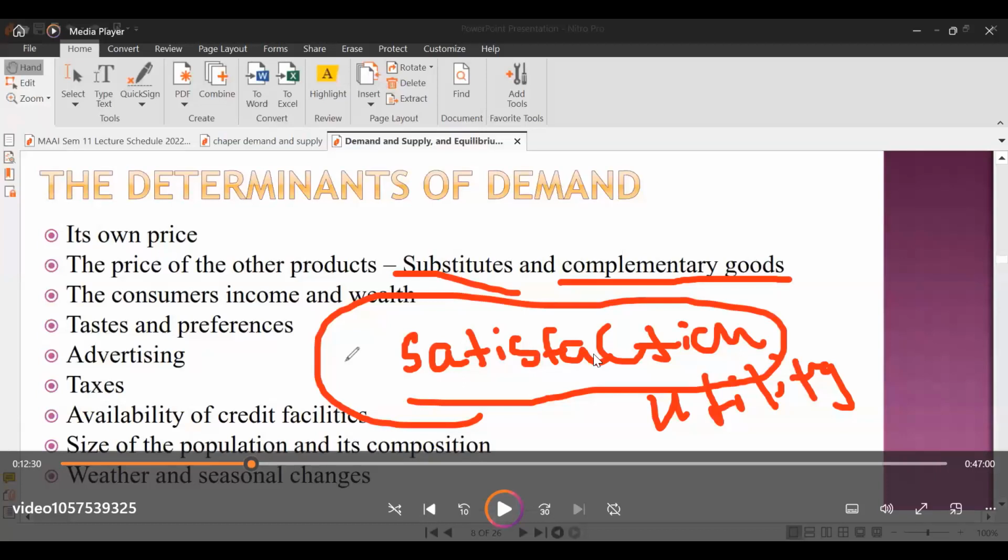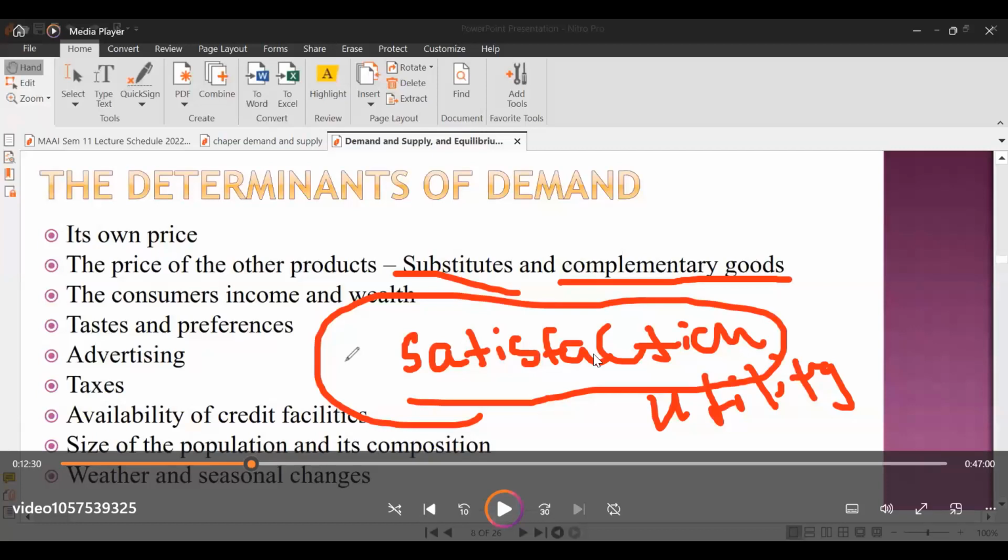So what is the price of other vehicles? Therefore, before we purchase, before we make demand, we should consider the prices of other related goods. Right? Not only its own price, but also the prices of other related commodities, other related goods.